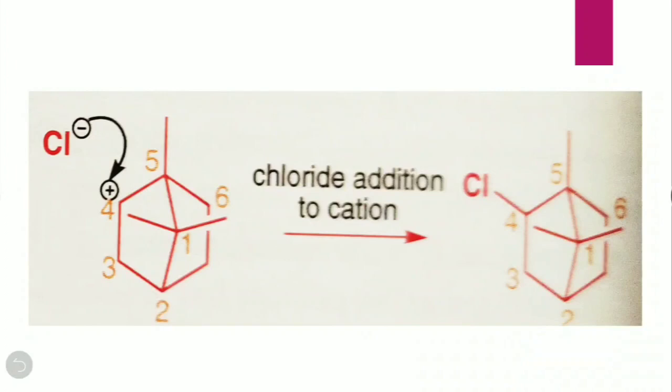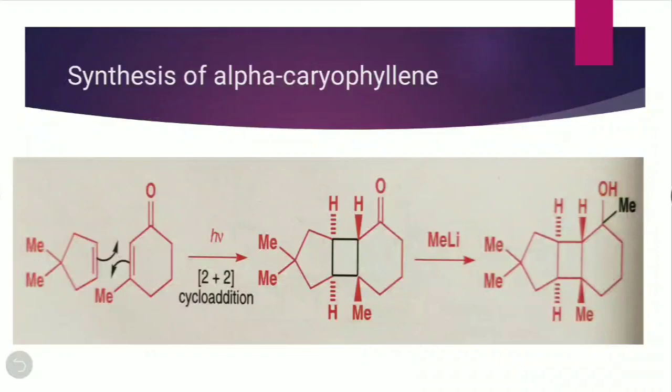But before going on to it, this chloride attacks this carbocation and a chloride addition to the cation takes place. So let's see the example, that is a synthesis of alpha-caryophyllene.